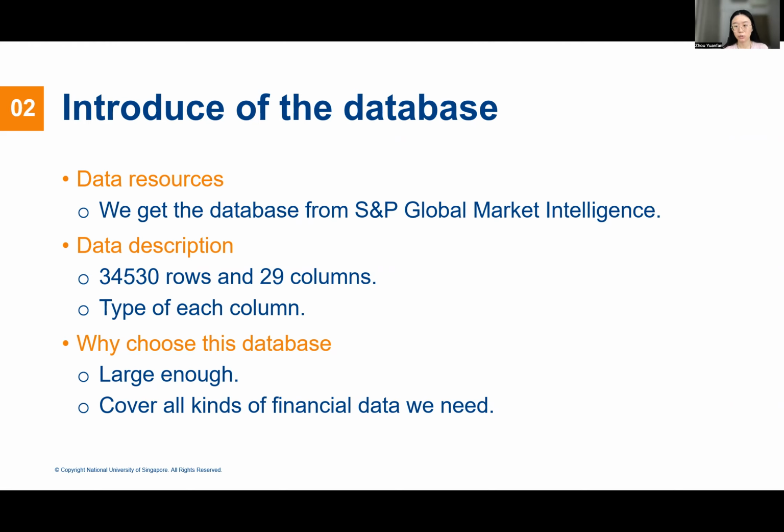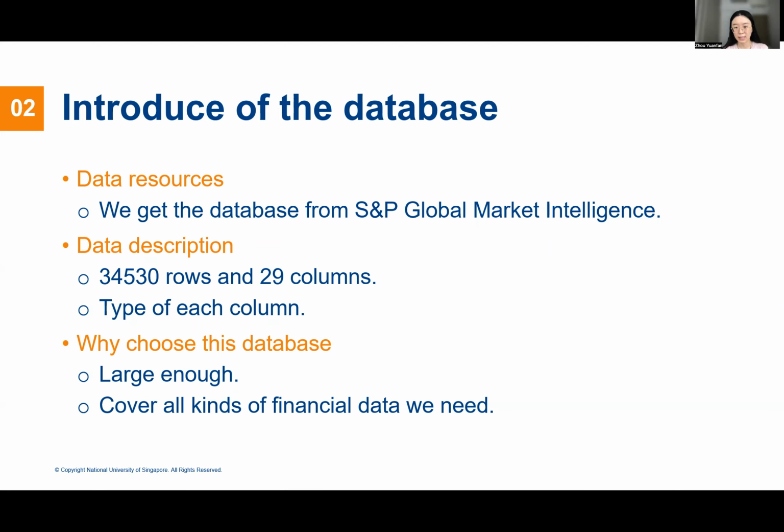Other columns belong to numerical. As for why we choose this dataset, first, the dataset is large enough. It has 34,530 pieces of data covering thousands of companies. Enough samples are the basis of research and analysis.